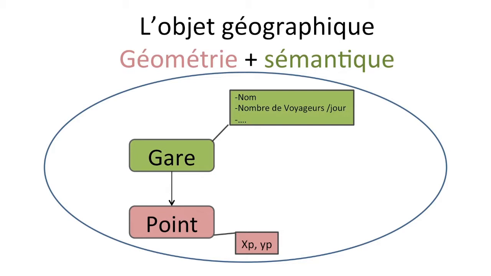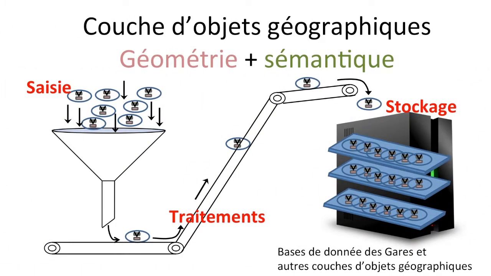The combination of the two creates a geographical object which type is station, for example. Those objects are aggregated in object layers. Just one train station doesn't make sense. It's all the stations together with their location and their usage that gives meaning to the whole.